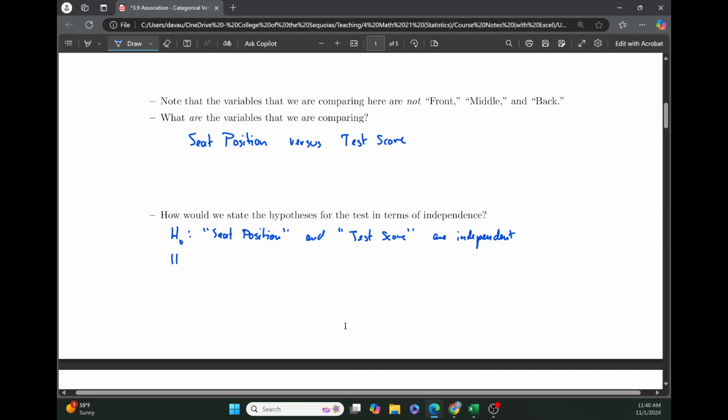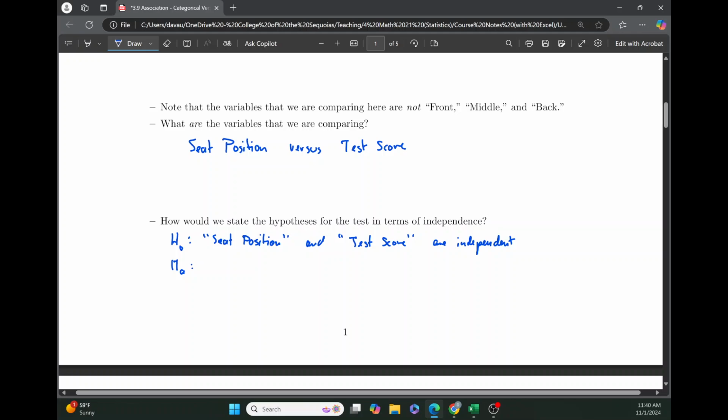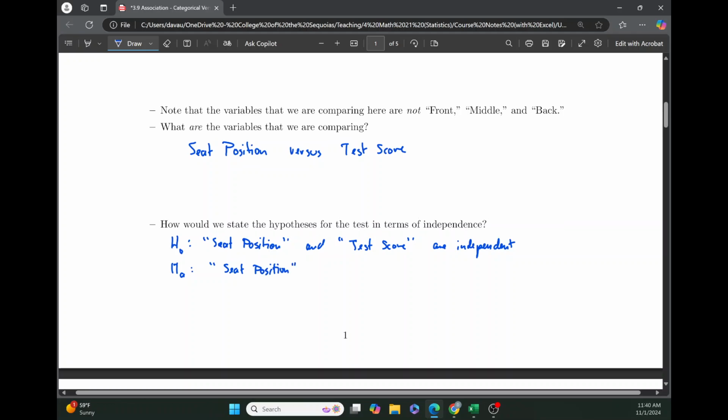Okay, and the alternative would be that they're dependent, right? Seat position and test score are dependent.